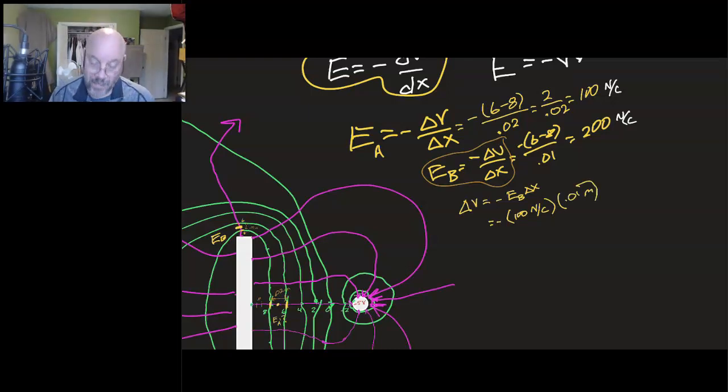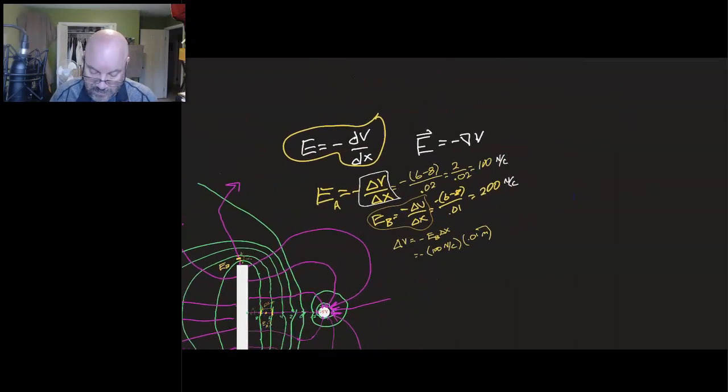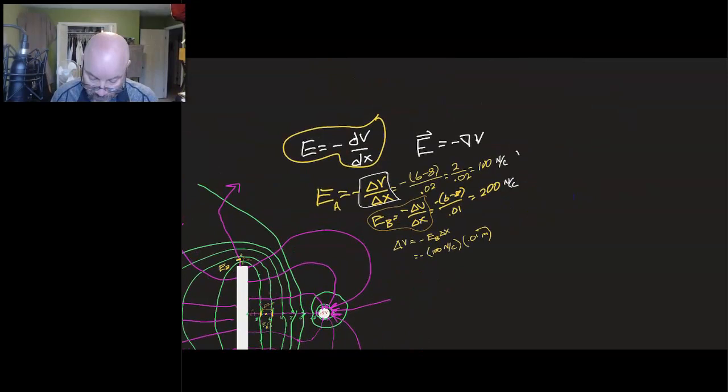But we can use a different set of units, because what is this? It's a delta V over delta X, which means we could call these volts per meter as well. So our electric field could be newtons per coulomb or volts per meter. Either one is going to be fine.